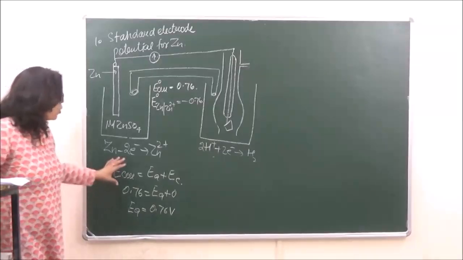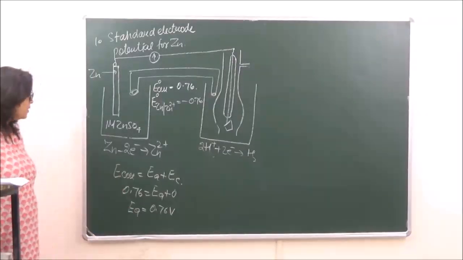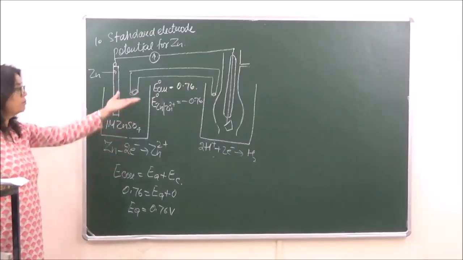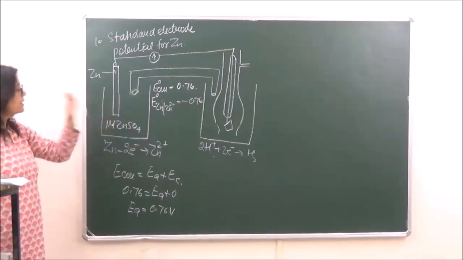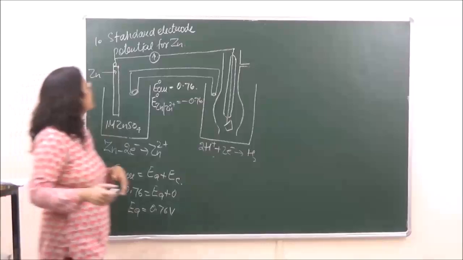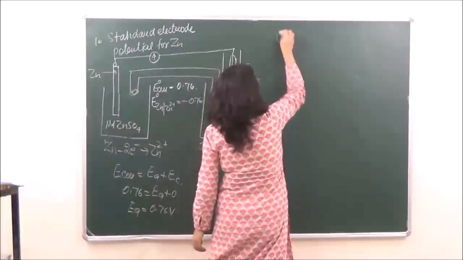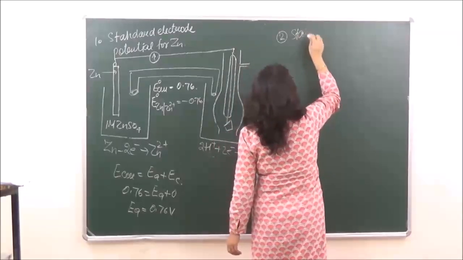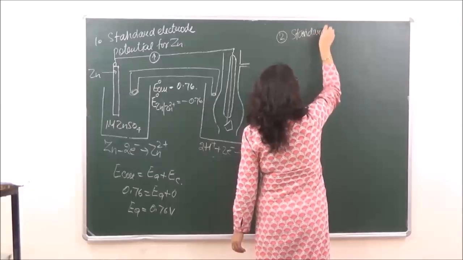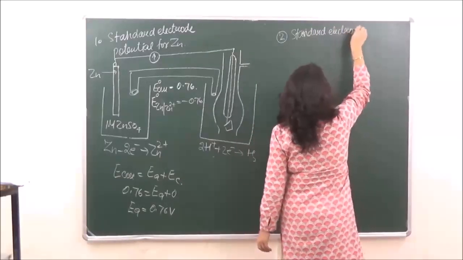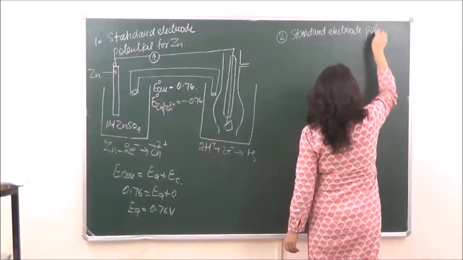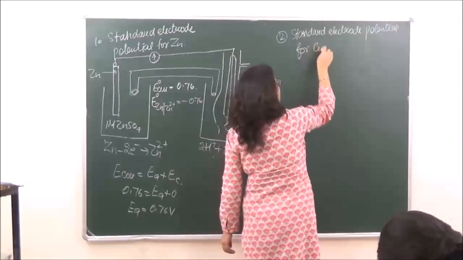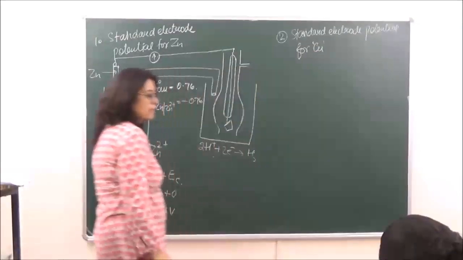So whenever oxidation takes place, the value of potential difference or the value of E0 will come negative. In a similar manner, if we want to calculate the standard electrode potential for copper, right?